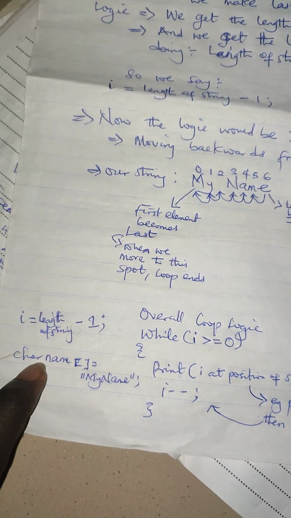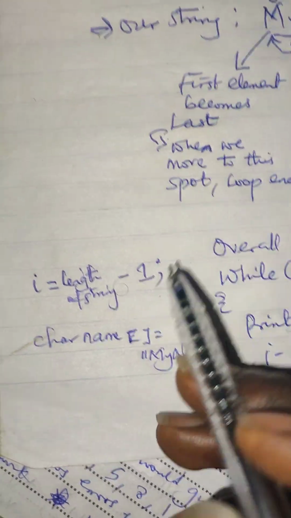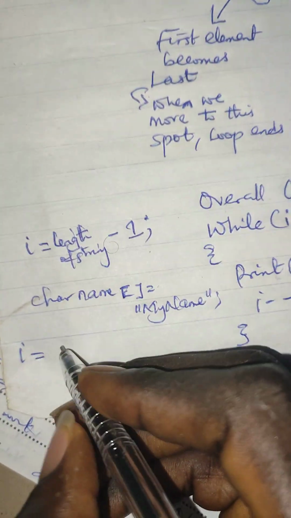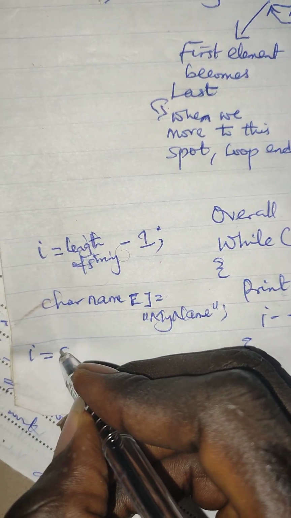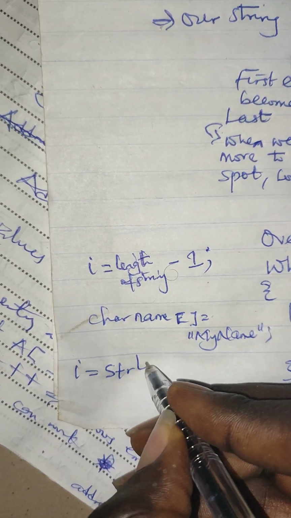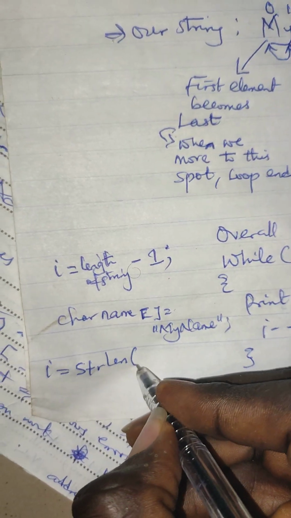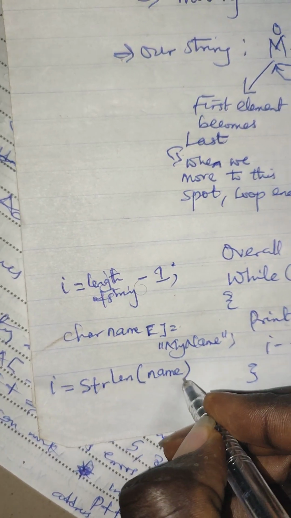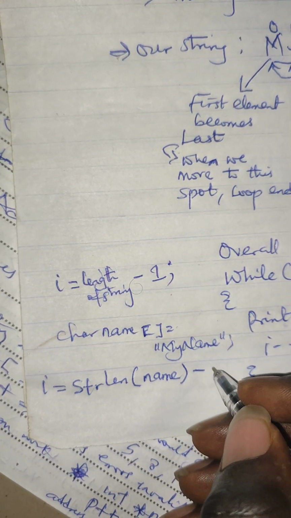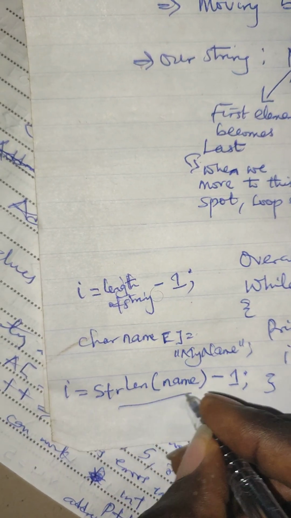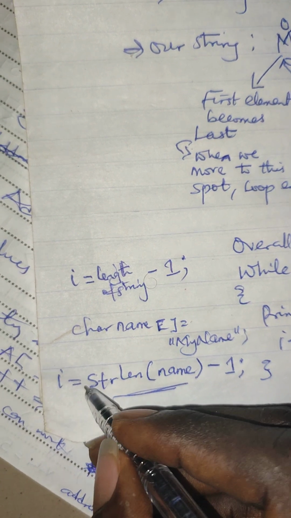So for example, if our variable is name, then I will be equal to, we'll use the string library from C, we'll say string length, for name, then we'll say minus 1.